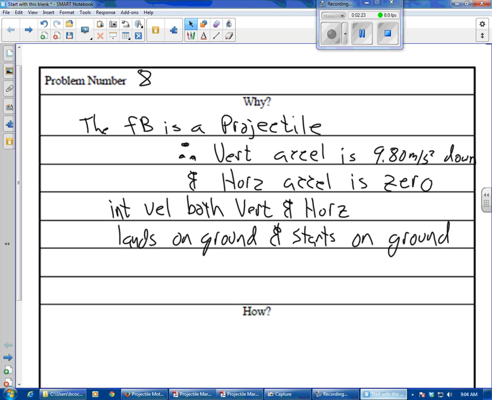So the projectile effect is the general overall idea here. Those 2 others are specific to this problem.